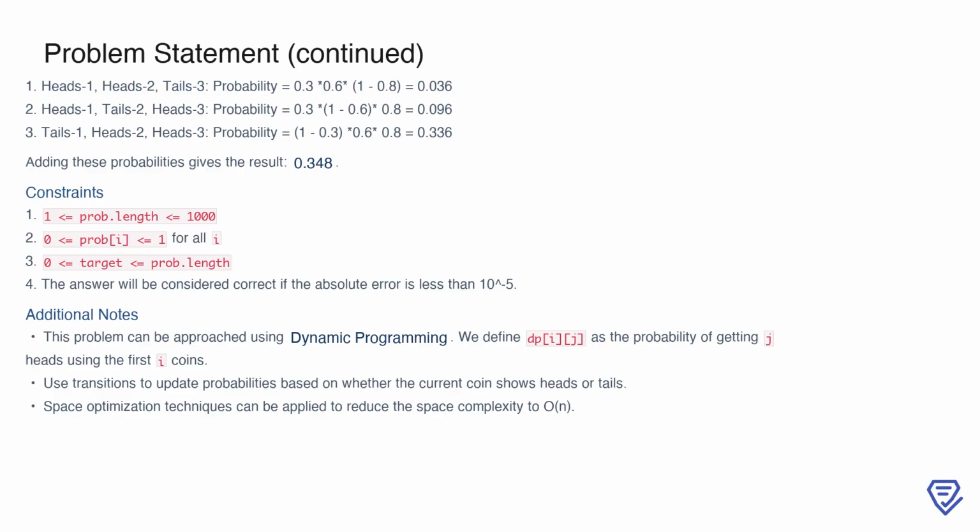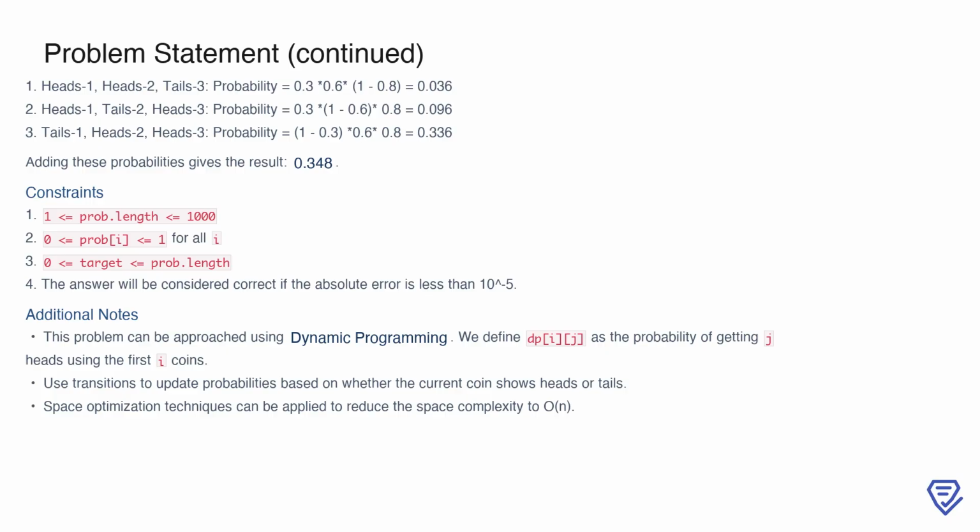The probability for this is 0.3 * 0.6 * (1 - 0.8), which equals 0.036. Another combination is when the first and third coins show heads, and the second shows tails. The probability here is 0.3 * (1 - 0.6) * 0.8, which equals 0.096.